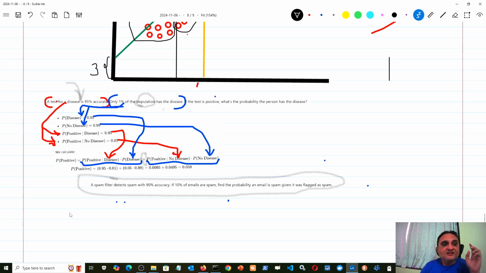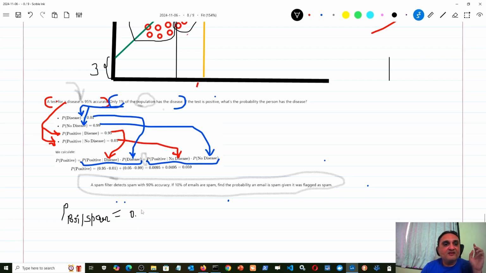So being spam is already given, and testing positive then occurs with 90% probability. So P of positive, given that the email is spam, I am writing with the mouse so please pardon me, is equal to 0.9.